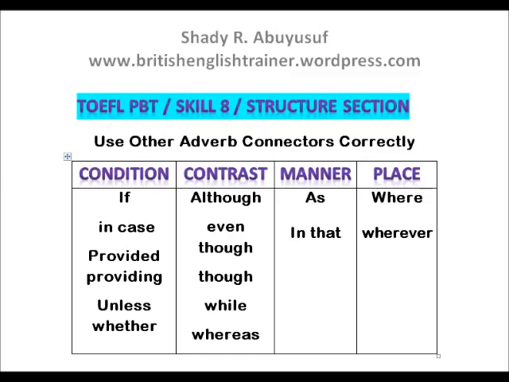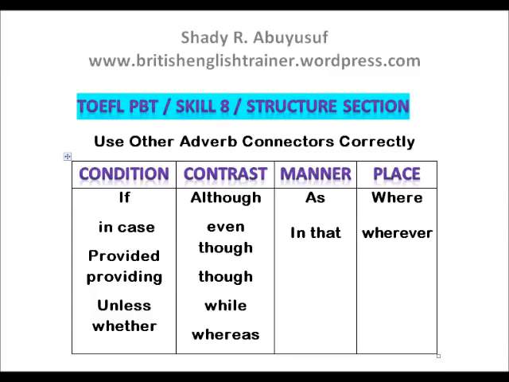Now today we're going to study and discuss together skill number 8, which is using other adverb connectors correctly. Now the adverb connectors that we're going to talk about today are condition connectors, contrast connectors, manner connectors, and place connectors.